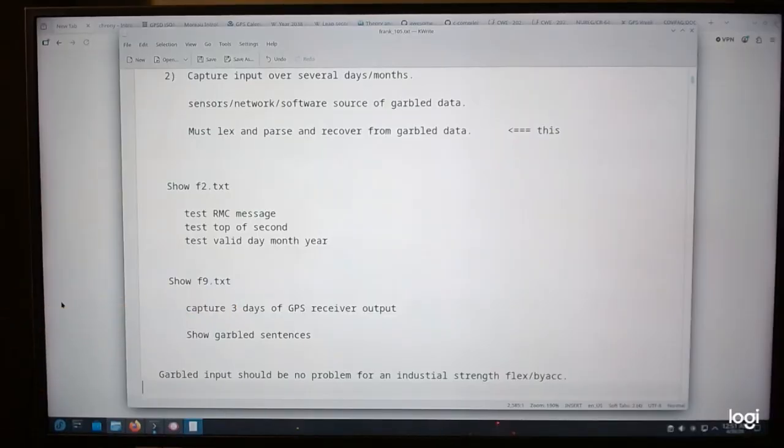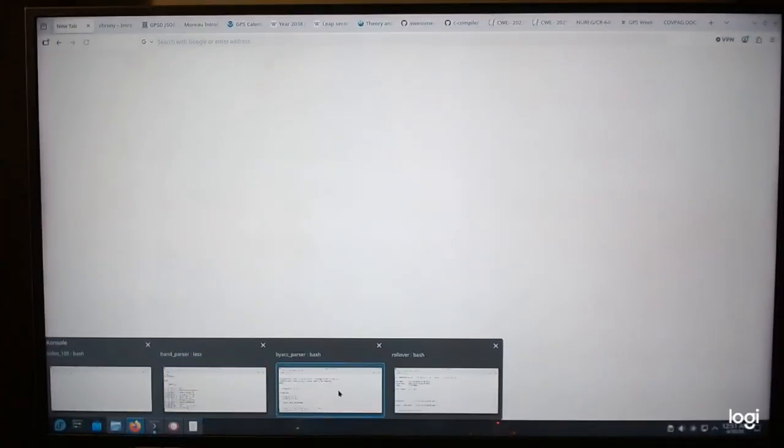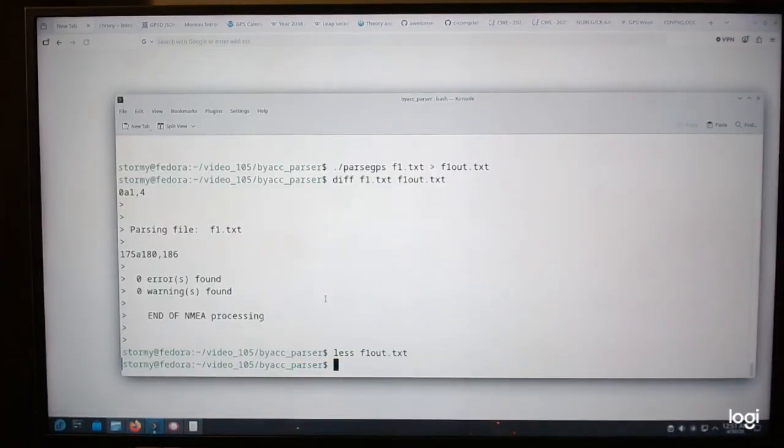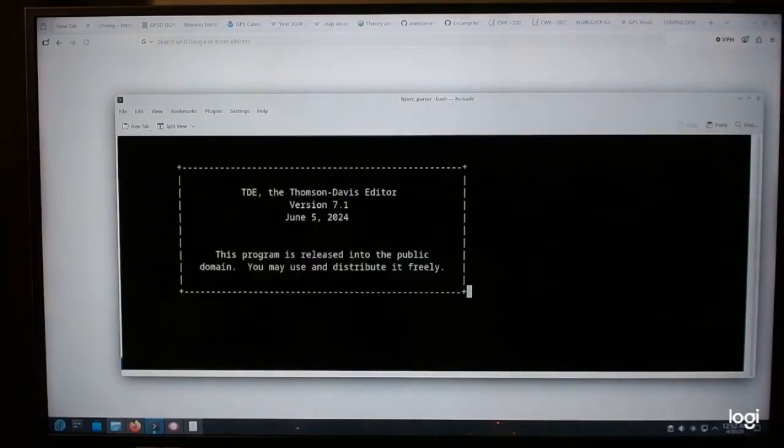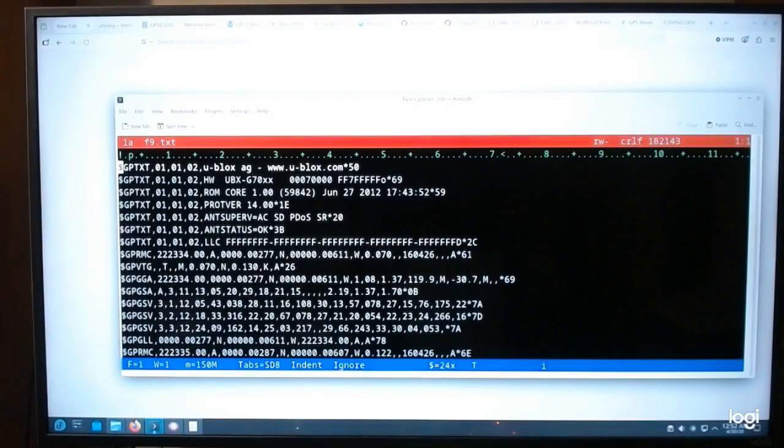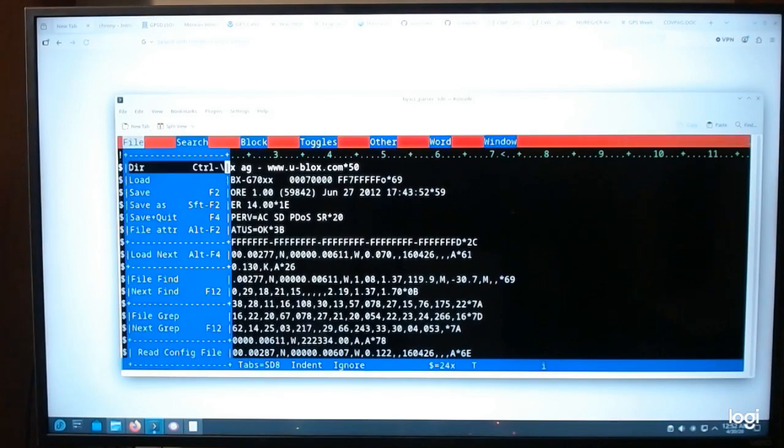On video 9, let me just show you what I'm talking about. Let me get over here to this one right here. I'm going to have to use my editor, and let me change the palette here.